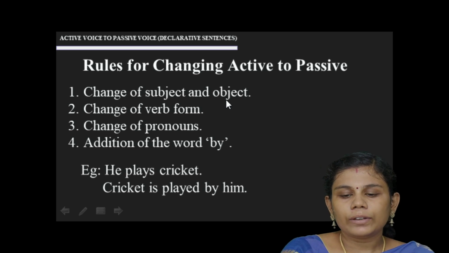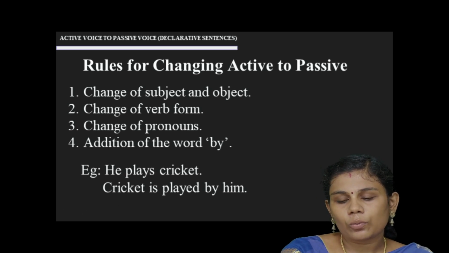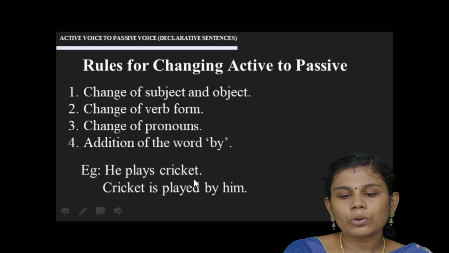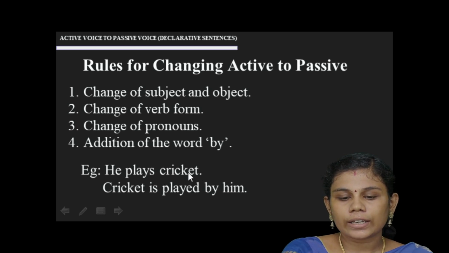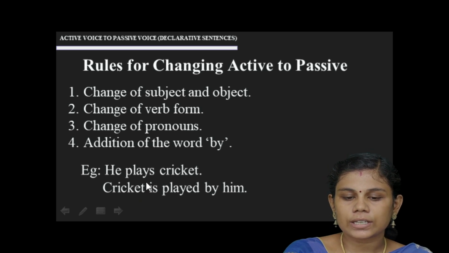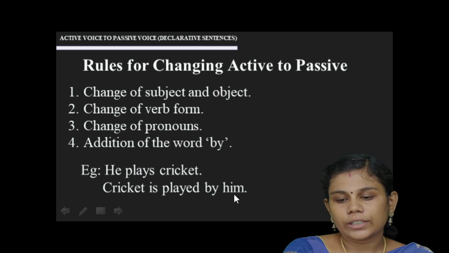That means when we change active voice into passive voice, we have to change the subject and object positions. So here in the active voice, cricket is an object. When we change that into passive voice, the cricket should come first. The object should come first, and it should take the place of the object here.